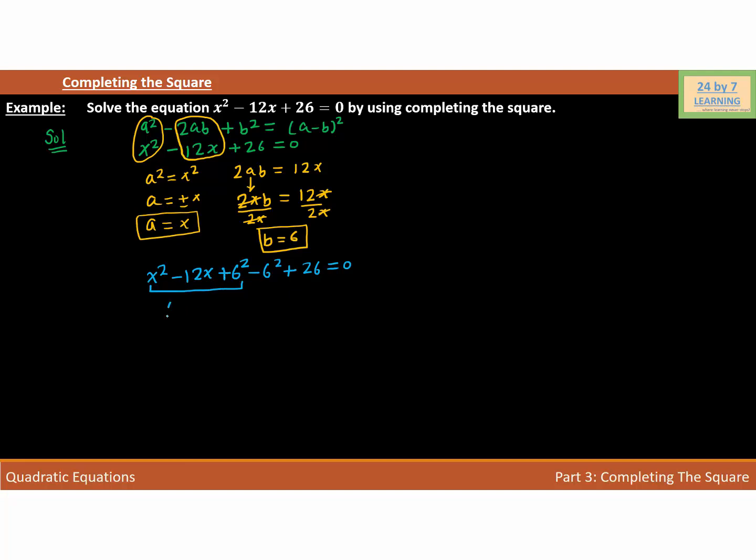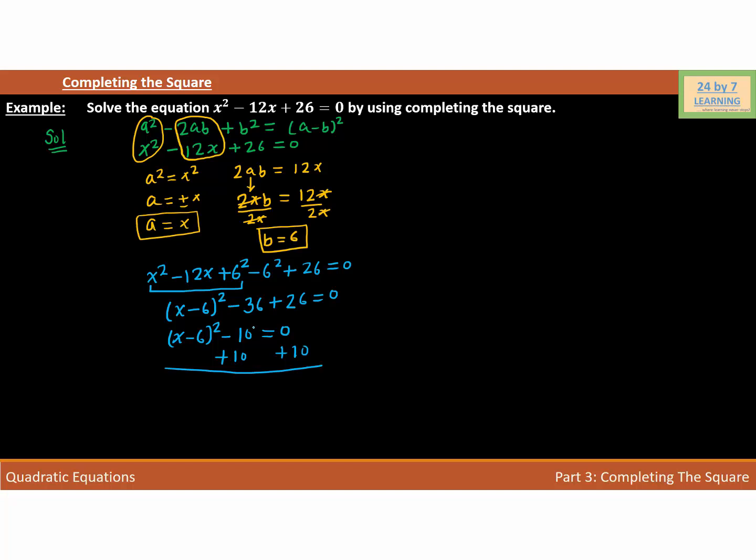So I will write (x minus 6) squared minus 6 squared, which is 36, plus 26 is equal to 0. Let's simplify further. I will write (x minus 6) whole squared minus 36 plus 26, which is minus 10, is equal to 0. I'm going to add 10 on both sides so that I can find the value of this expression.